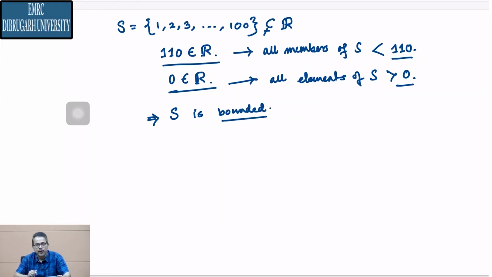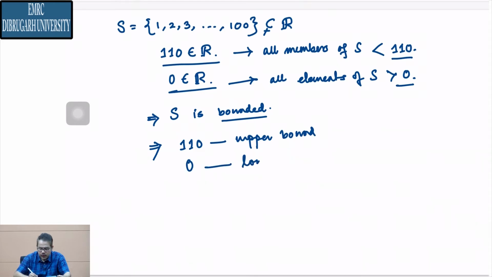And from here you can say 110 is an upper bound and 0 is a lower bound of this particular set S.